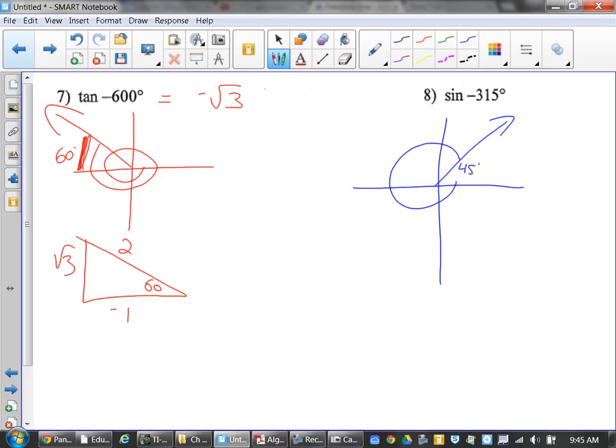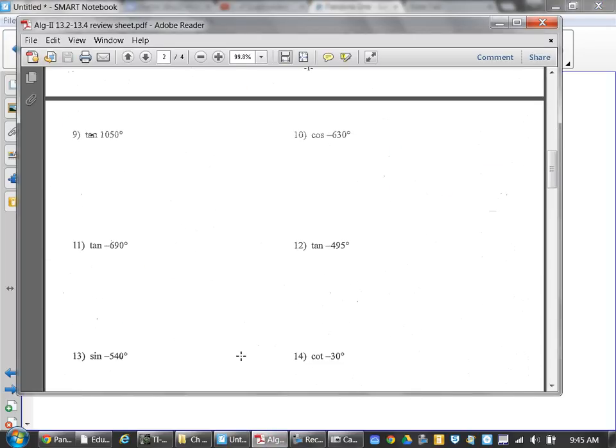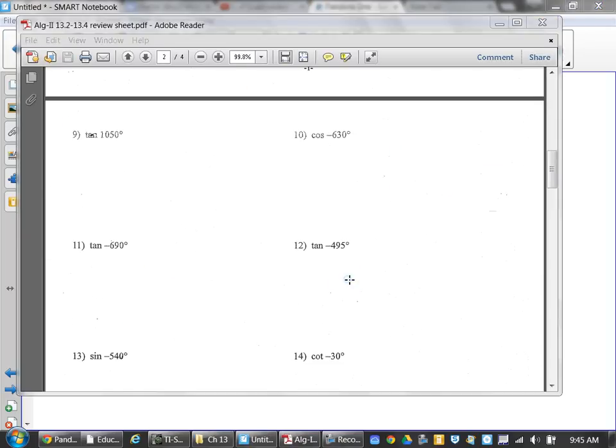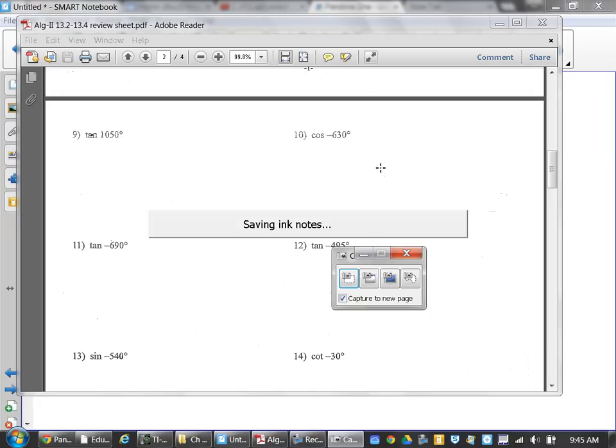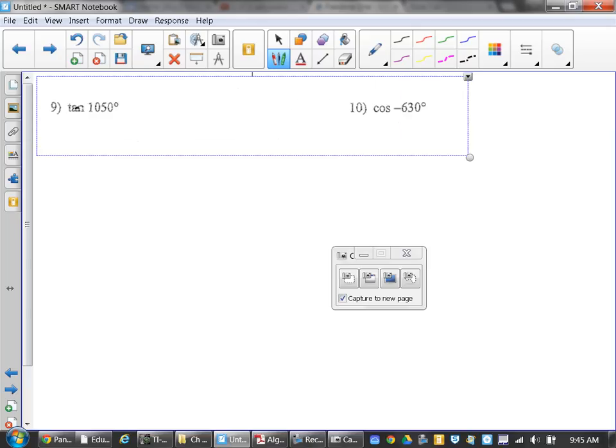Oh, I see. Negative 315? Whatever is in the first quadrant, everything's positive. Okay. Do a couple more of the degree ones, we'll go into the radians.